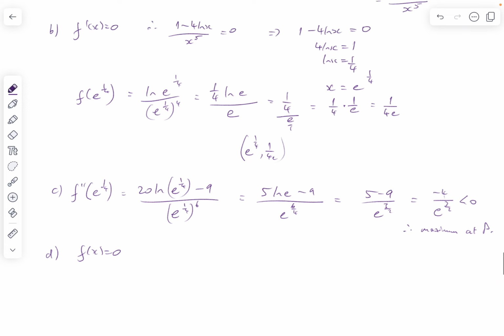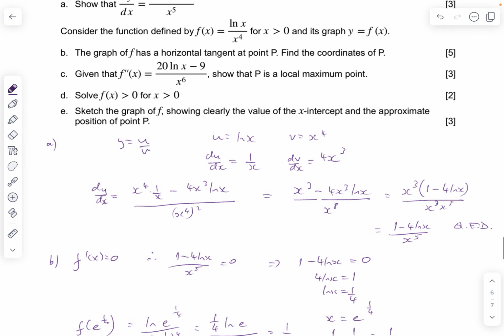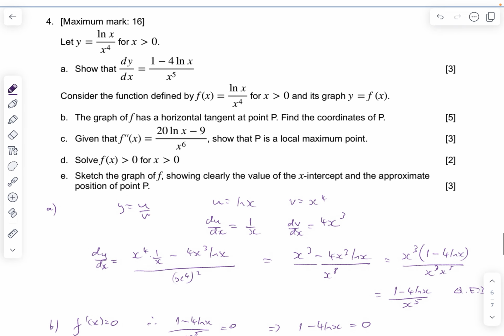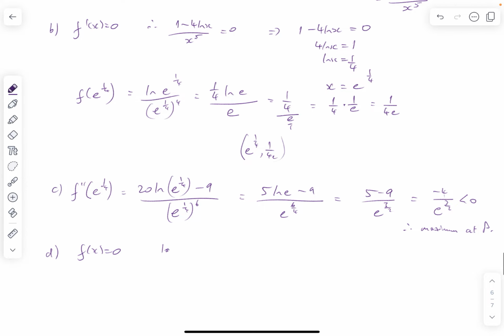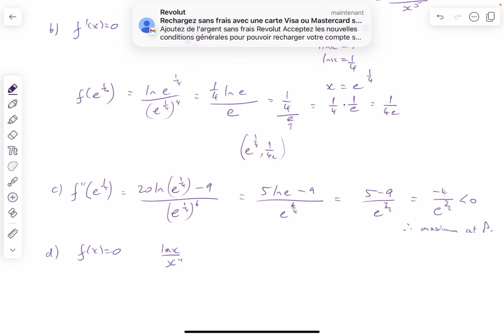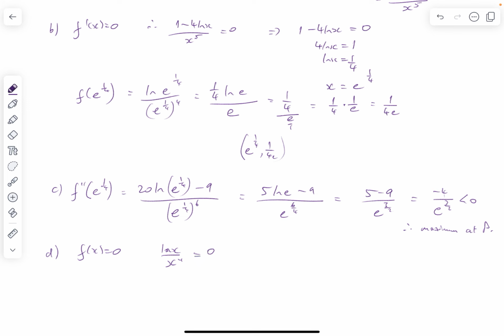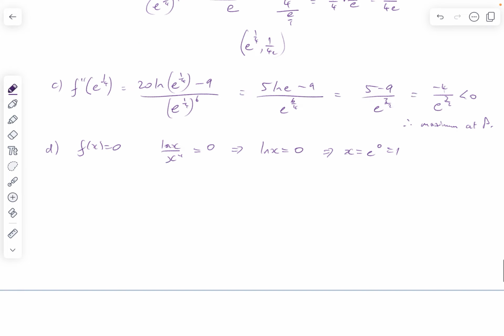So the original f of x is log x over x to the power 4. Log x over x to the power 4 equals 0. So we get log x equals 0 after multiplying both sides by x to the power 4. So that means x equals e to the power 0, which equals 1.